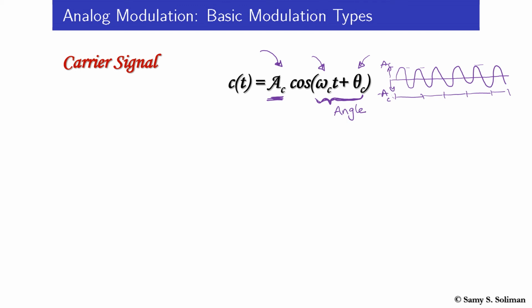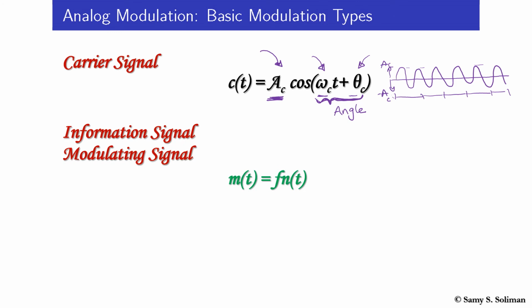And later on, when we explain angle modulation, we will know how to differentiate between the phase and the frequency. So for now, it is sufficient to know that a sinusoidal carrier signal is characterized by an amplitude and an angle, and this angle has two components, which are the frequency and the phase.